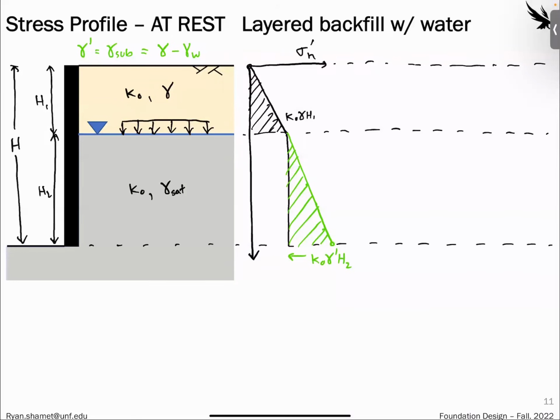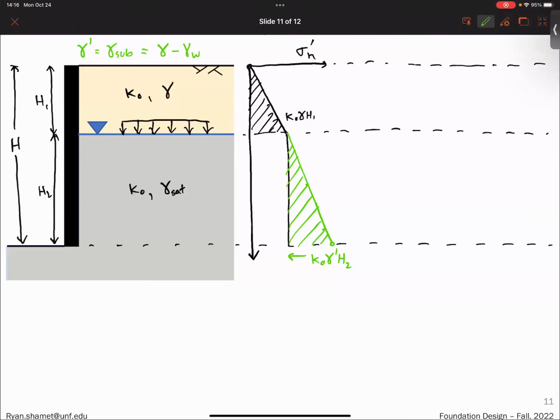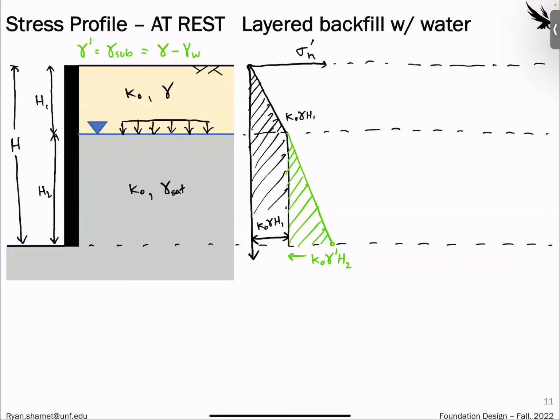So that's this addition right here. And then below, we're still adding the condition from the top. So that's our K naught times unit weight times H1. Since our K naught values are for effective stress, anytime we're using K naught, this will always find the effective stress.